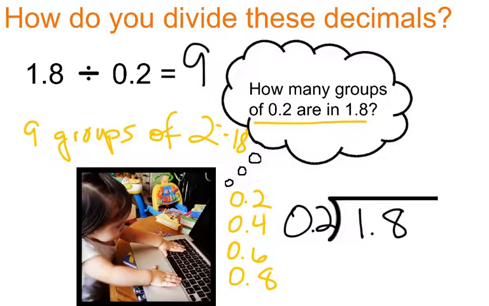And then what you need to do is multiply both the dividend and the divisor by the same number, in this case 10. And of course 10 divided by 10 is 1 whole, so that's why you're not changing the value. So you can rewrite that as 18 divided by 2, which would give you 9. So there are 9 groups of 2/10 in 1 8/10.